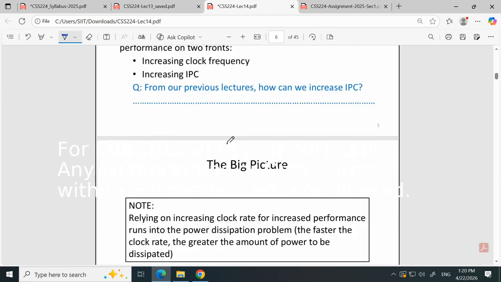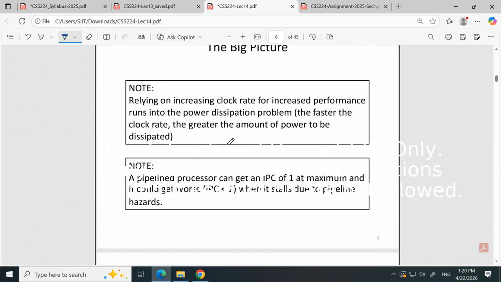So let's see what else. I have two notes here. Relying on increasing clock rate, what happens if we keep increasing clock rate? Here we go. You believe it? Yes, it's true. Okay, why? Have you ever seen your main board?